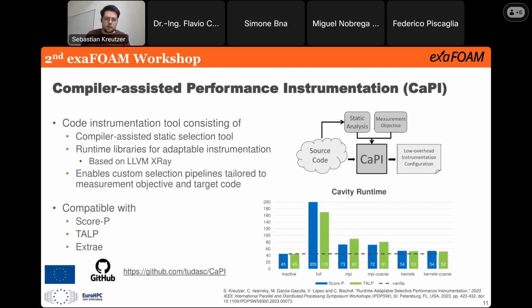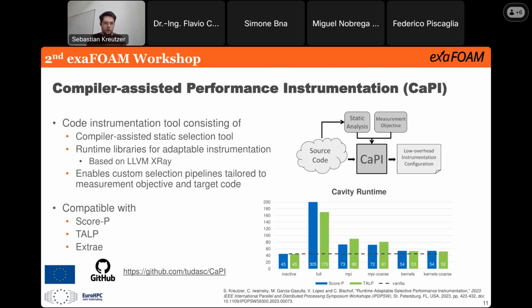Now I'm coming to our developments, which is the more compiler-assisted approach. So instead of doing this profile-guided approach, where you start with a full instrumentation, our idea here is to do a static analysis of the code first, and then decide what we want to measure based on what the user wants, and also on the characteristics of the code.